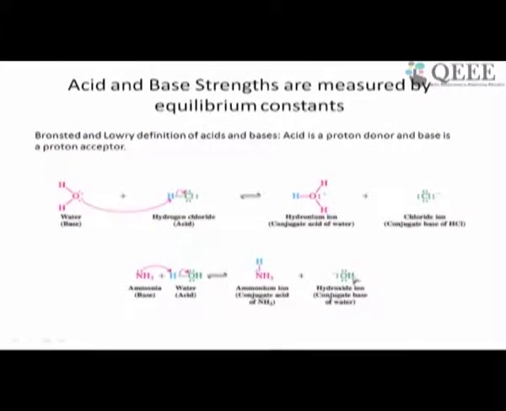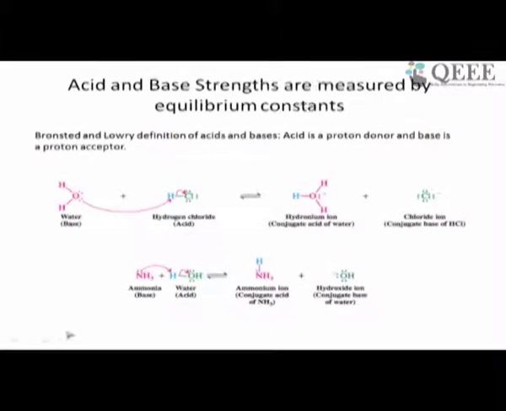This is again an equilibrium, and it is not very far towards the right, because ammonia is a weak base. It's more or less in between. I don't know the exact value, but the point is it will also have a K value, an equilibrium constant.